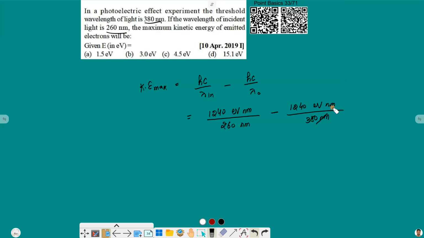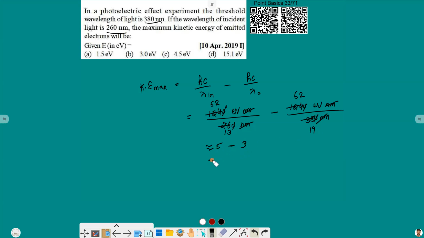380 nanometer. So nanometer gets cancelled from both of these, 0 gets cancelled, and from here we will get 62 by 13. So this will be approximately 5 from this, minus 124 by 38, so this will be 62 by 19, and this will be approximately equal to 3.